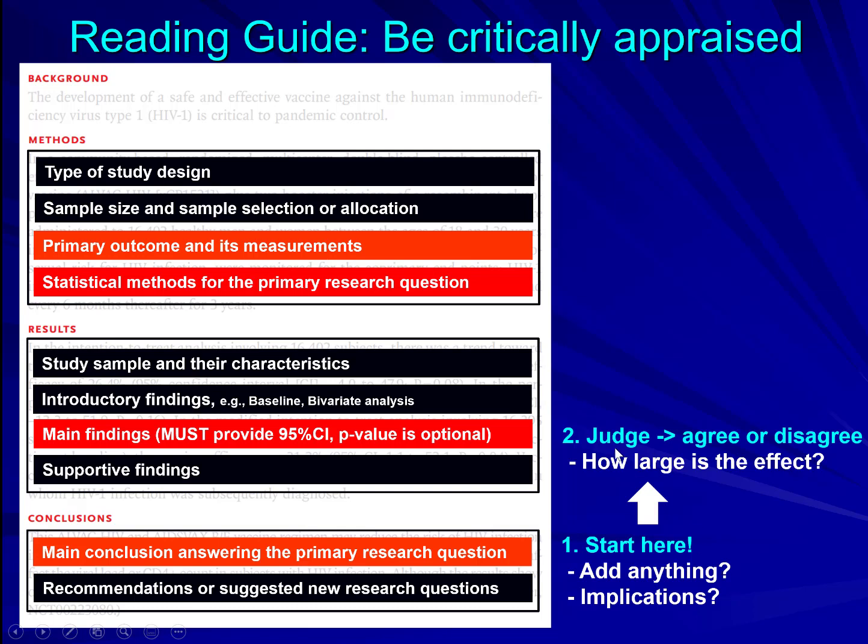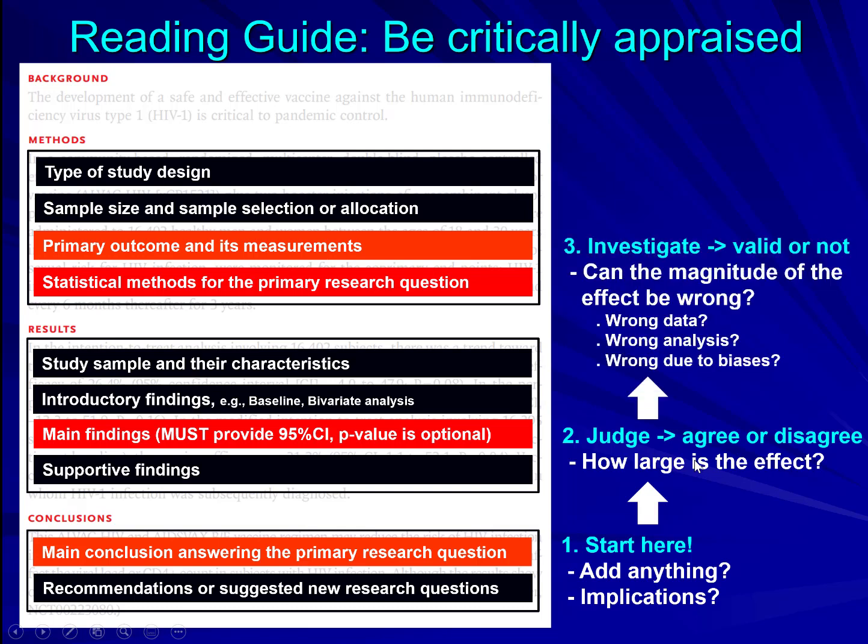That means you need to believe what has been stated by the researcher, but use your own judgment that the effect is large enough to justify that conclusion. Now, after that, if it's okay, you will then proceed to the next step. That is, is the magnitude of effect correct or not?